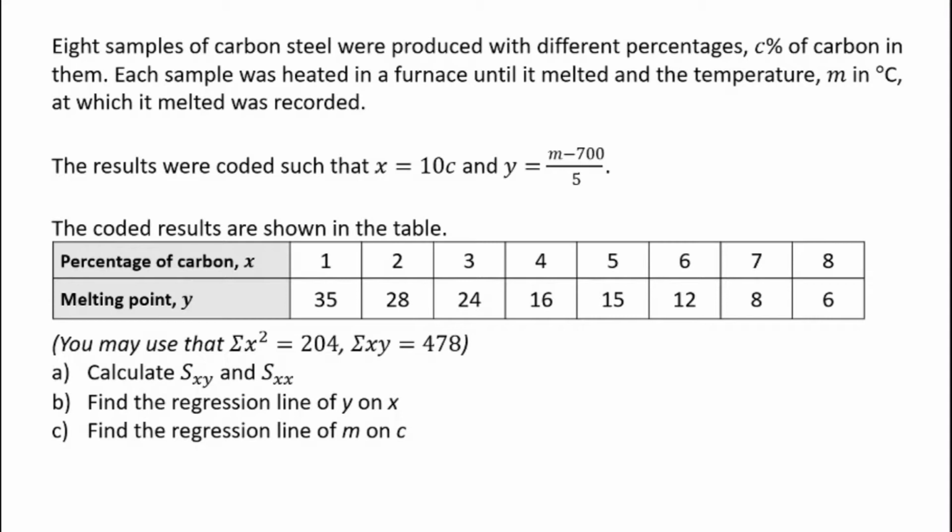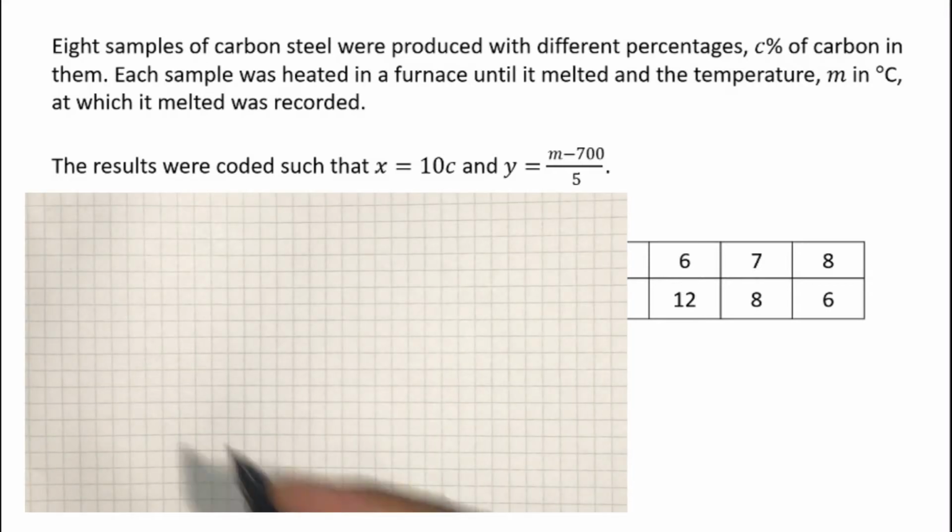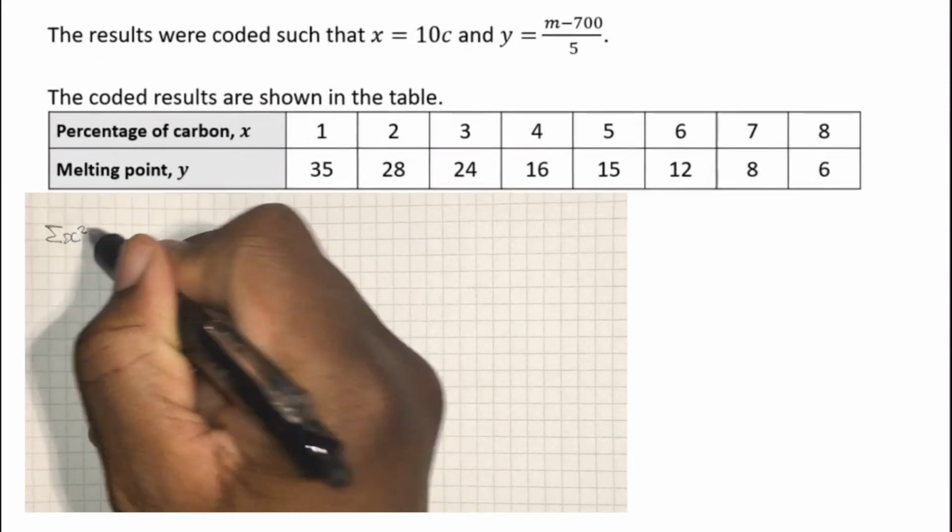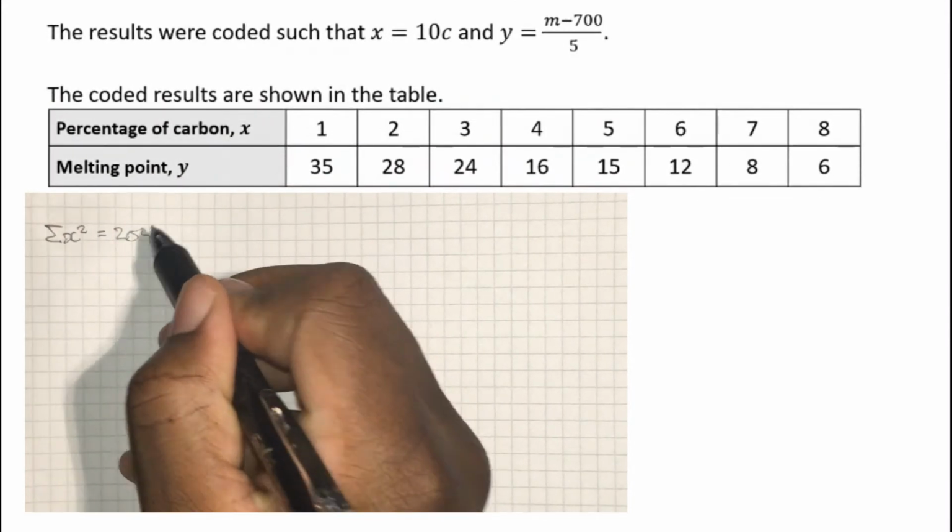We're going to find the regression line of this coded data, and in our final step we're going to uncode the regression line so that we have a new regression line in terms of our original variables M and C.